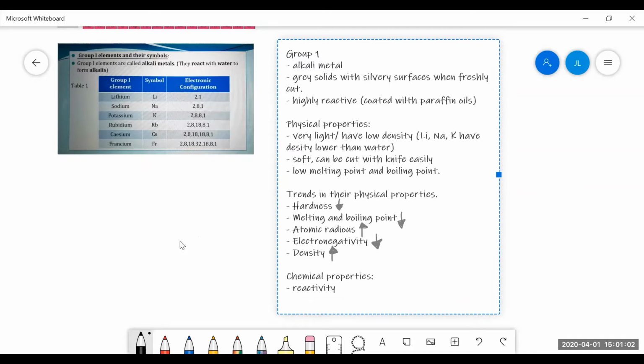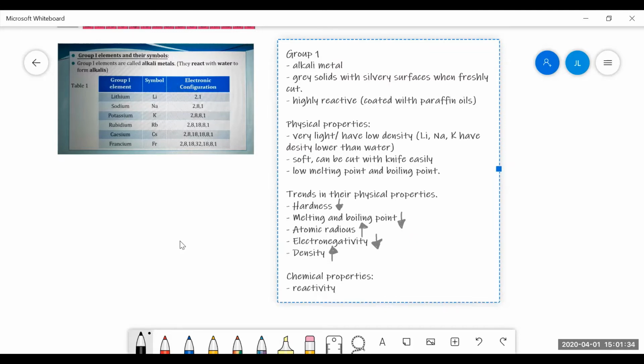How easily it reacts with other substances. I think that's all. Reactivity. Then we look at how each individual metal reacts with water.